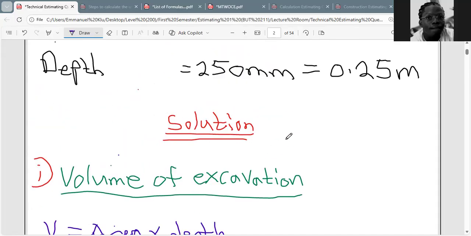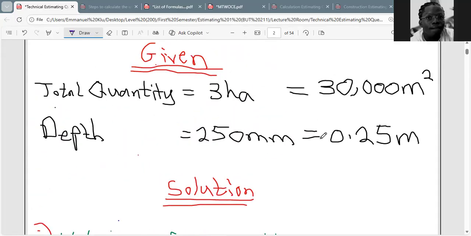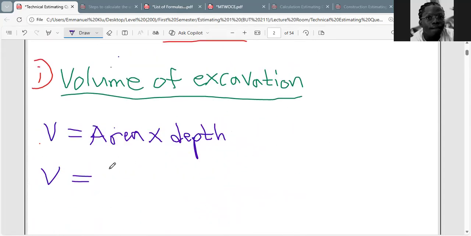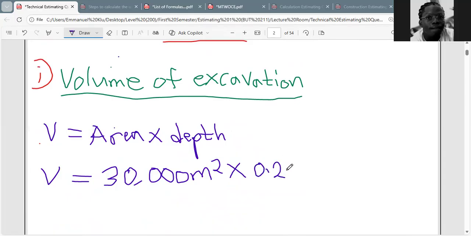And what is the value of the area? 30,000 meters squared. So we have to put it there, 30,000 meters squared, times the depth, 0.25 meters.